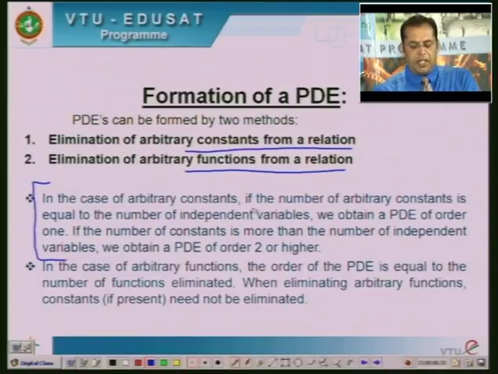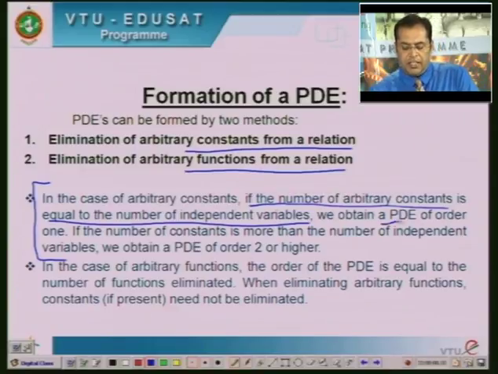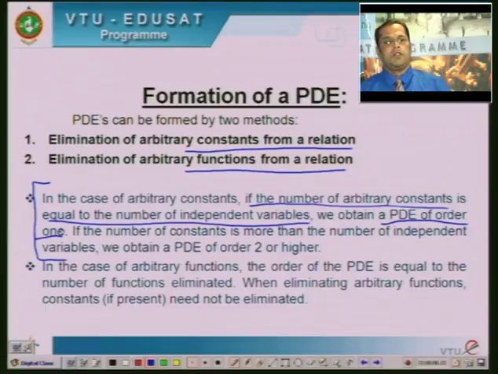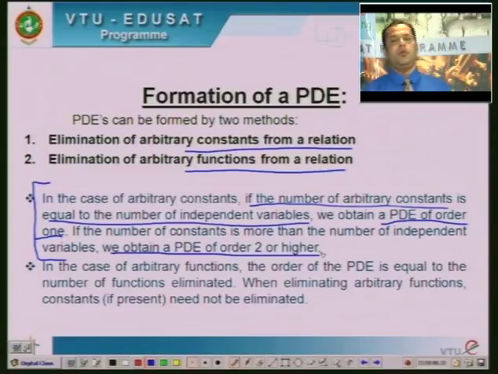In the case of arbitrary constants, if the number of arbitrary constants is equal to the number of independent variables present in the given relation, we have seen that you obtain a PDE of order 1. Whereas, if the number of constants is more than the number of independent variables, it so happens that the PDE will be of order 2 and higher.